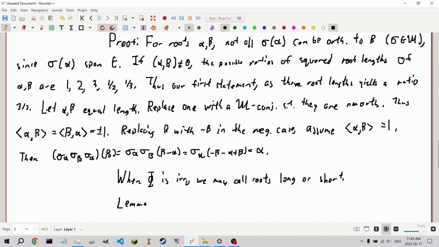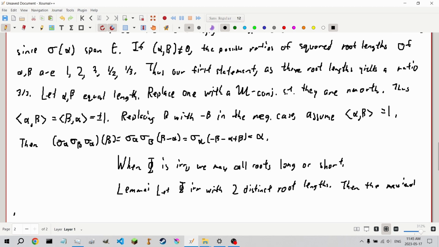Now come to another lemma. Let phi be irreducible with 2 distinct root lengths. Then the maximal root beta, which we saw before, is long.